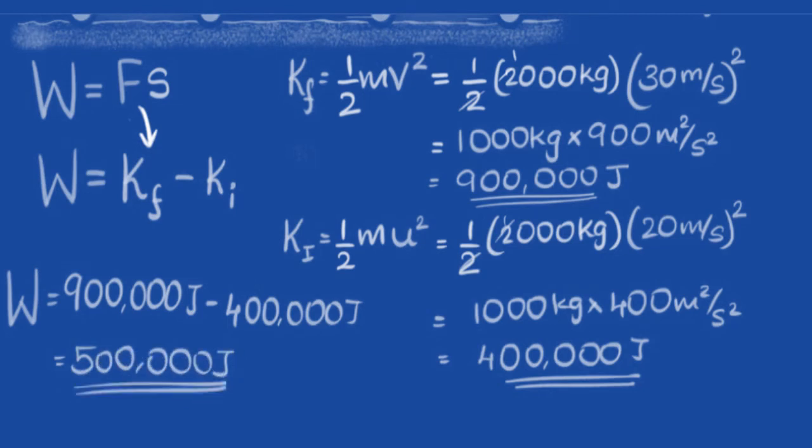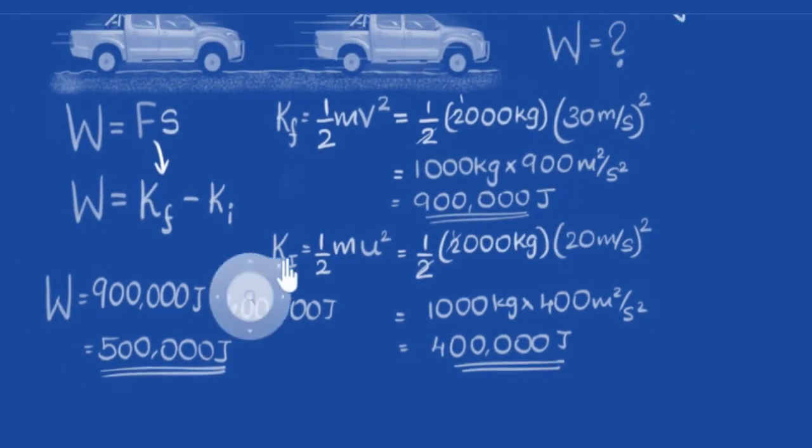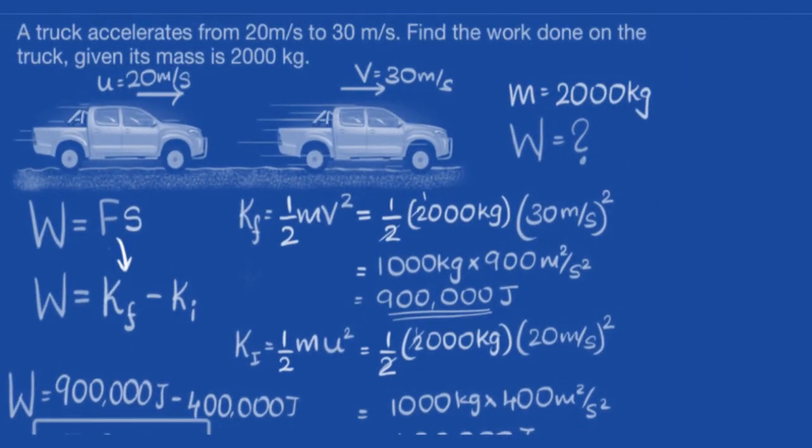This is our answer. So let's put everything together. This is basically saying that the truck gained 500,000 joules of kinetic energy, and so that must be the work done on the truck. We can simply use the work energy theorem to calculate the work.